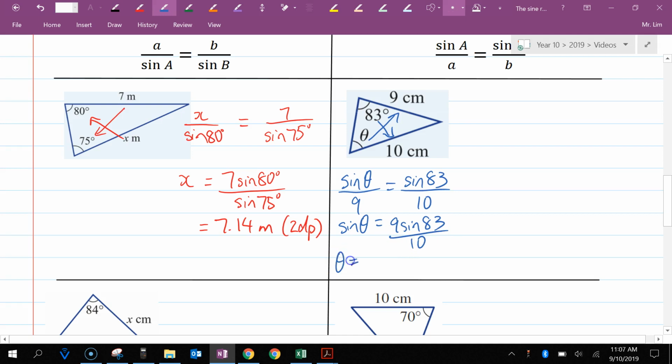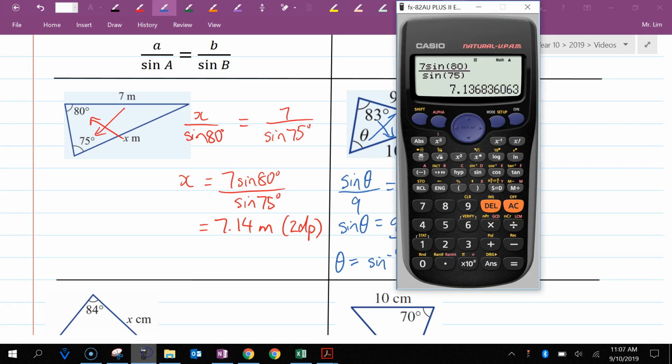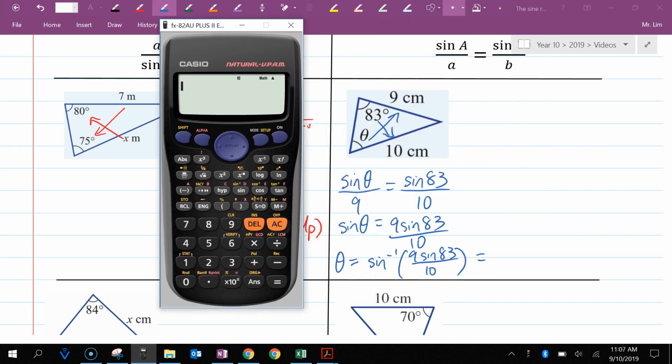And so theta has to equal the inverse sine of that, which is equal to inverse sine of (9 sine 83 over 10), 63.3 degrees.